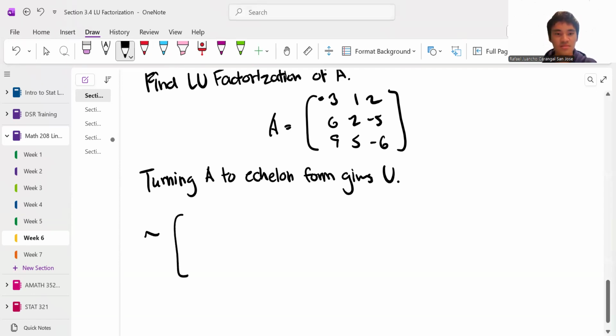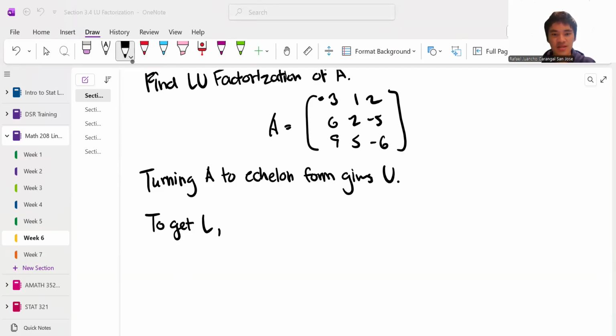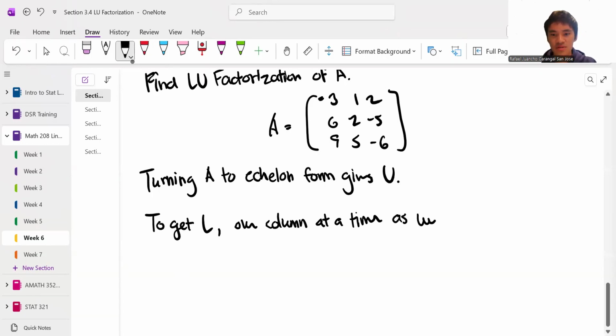Now, to get L, the L matrix, the idea is we build up one column at a time. So we do one column at a time, and we do this as we transform A through a sequence of row operations.